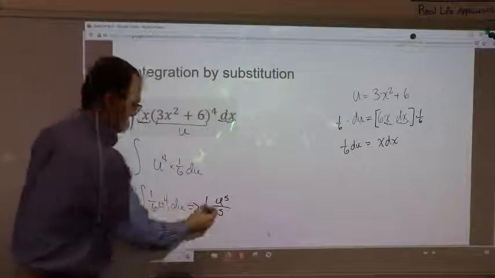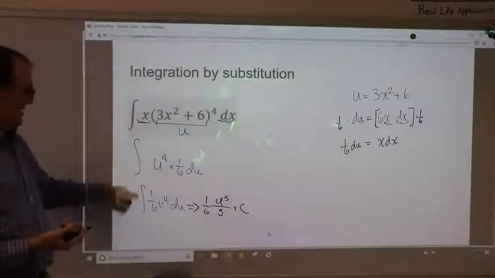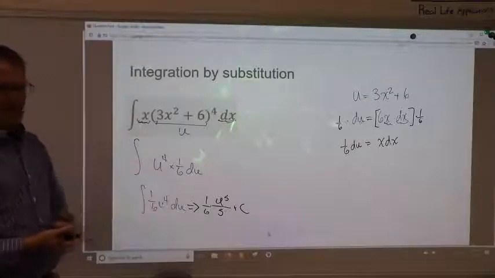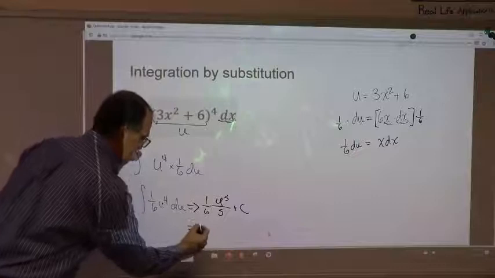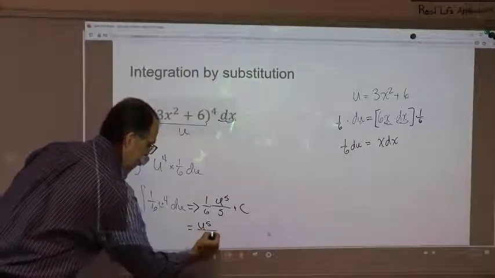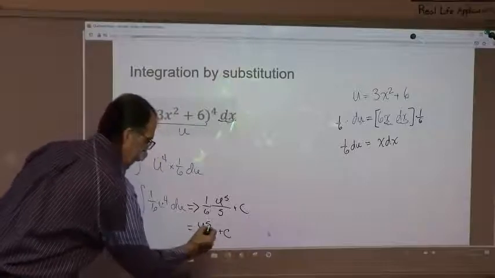The du goes away. We're back to indefinite integrals, so don't forget to add c. And I can just simplify this as u to the 5th over 30 plus c.